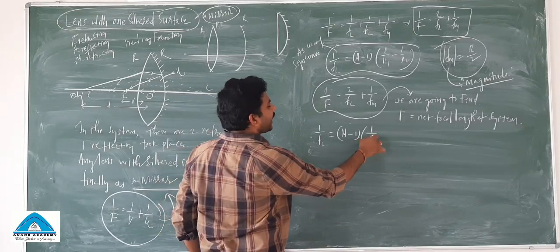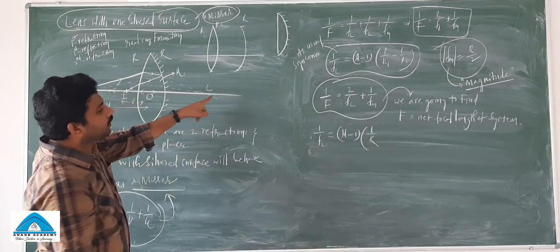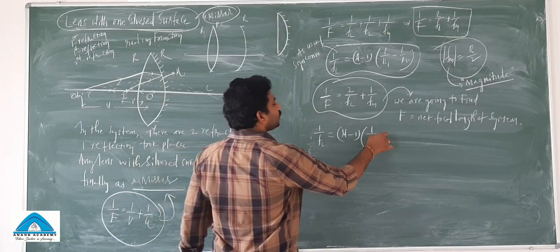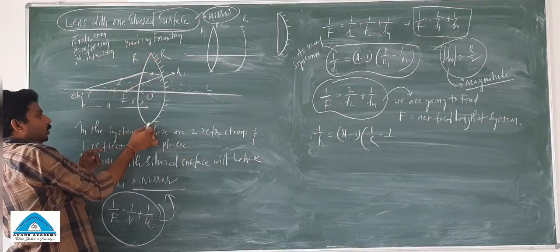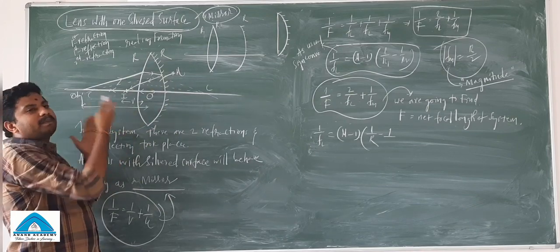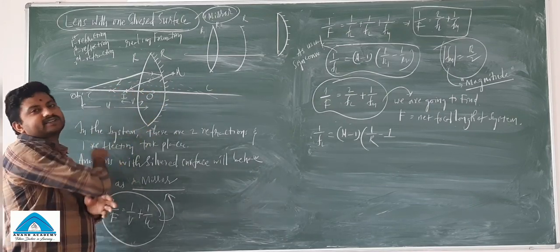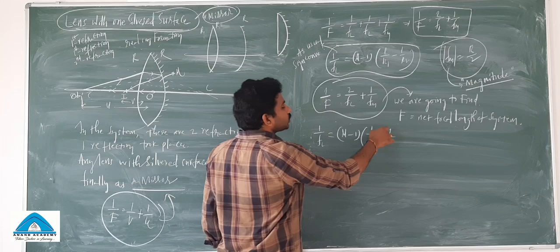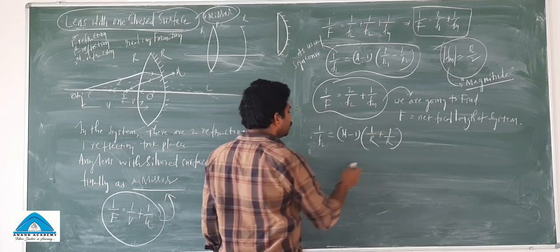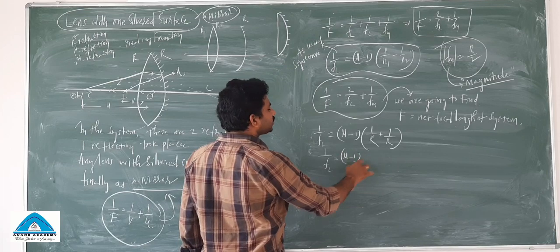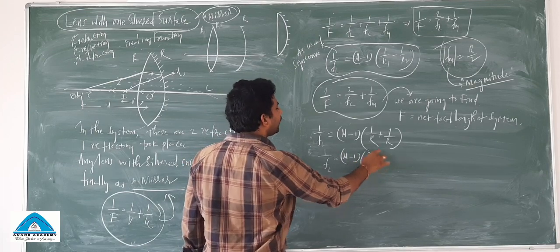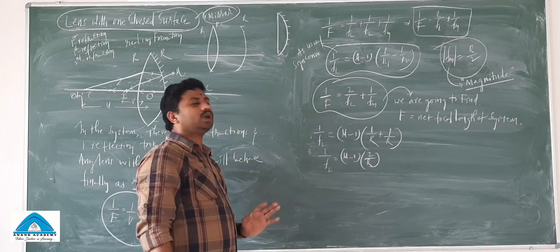Now 1 by R1 is 1 by R, minus 1 by R2. R2 is also R, but it is on the left side of the optic center, so it will be negative. So 1 by FL is equal to mu minus 1 into 2 by R. Right? So this is 1 by FL.